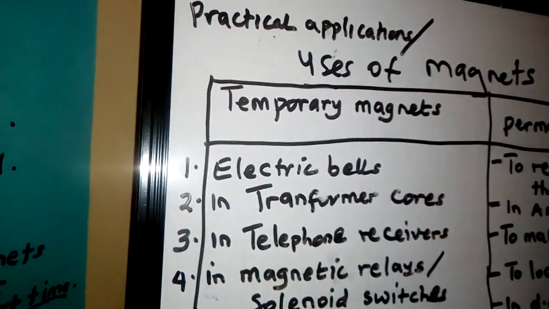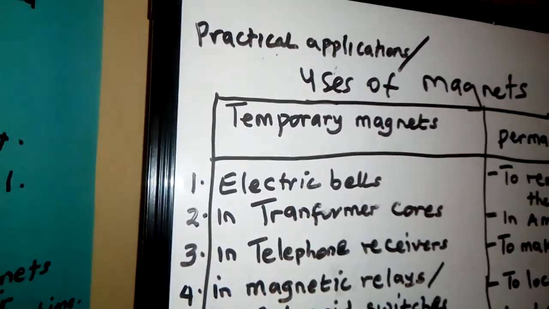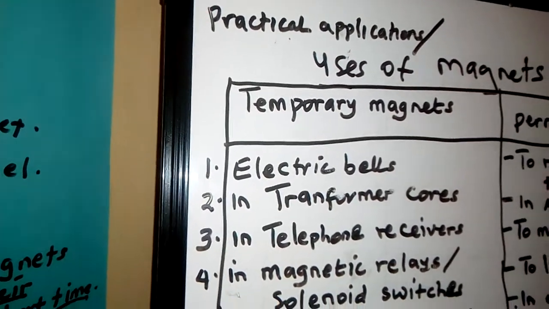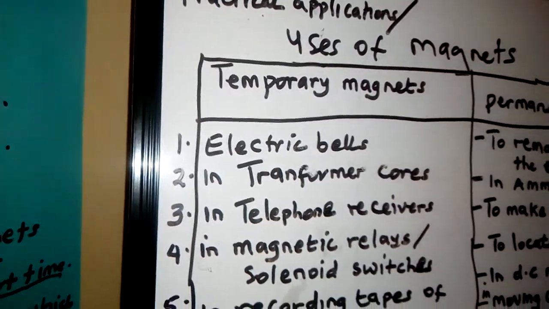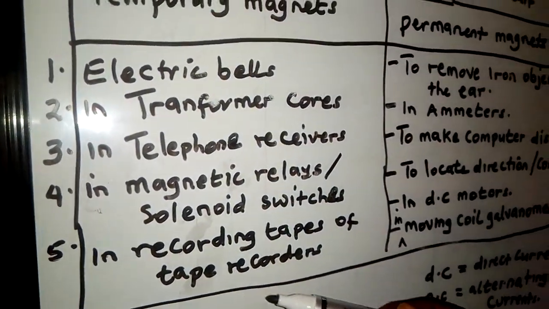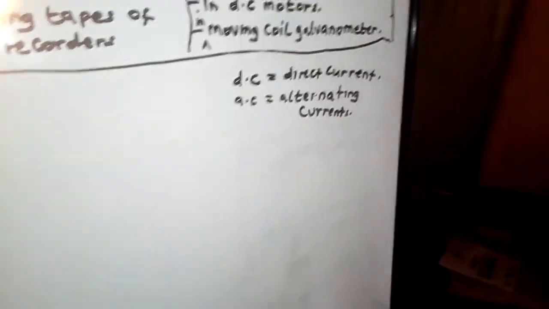So when we say state one practical application of a temporary magnet, that question requires, where do you use a temporary magnet in daily life? And the answers remain the same. And the same with the permanent magnets.